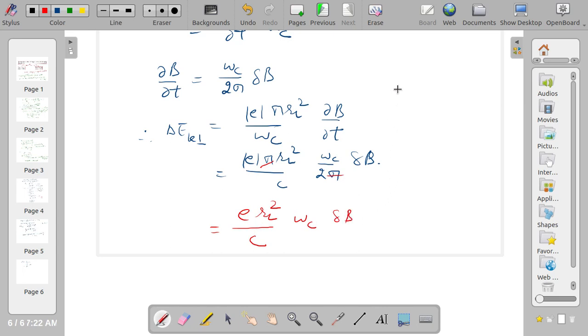But as we know from earlier lectures, mu is equal to, and 2 will also be there, yes, this 2. So mu is equal to E r L square by 2C, omega C, or it can be written as m v perpendicular square over 2B.